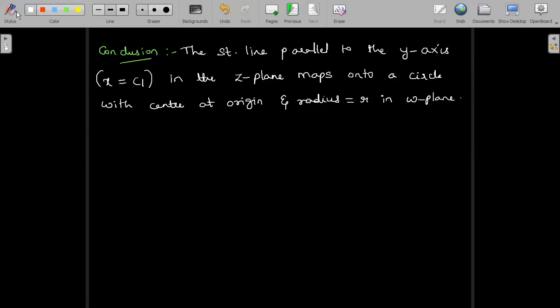This is for one of the curve x is equal to c1. This was the mapping in the w plane.